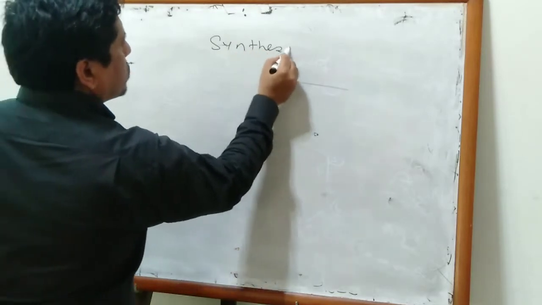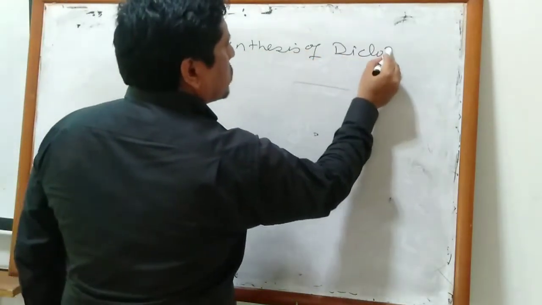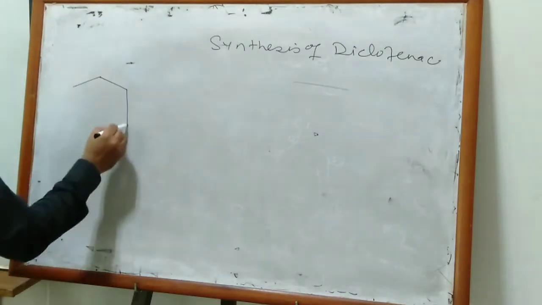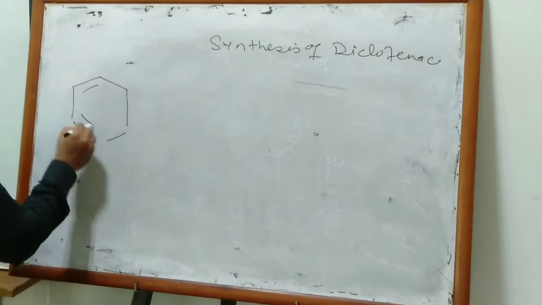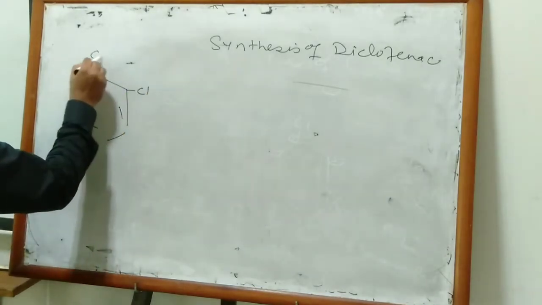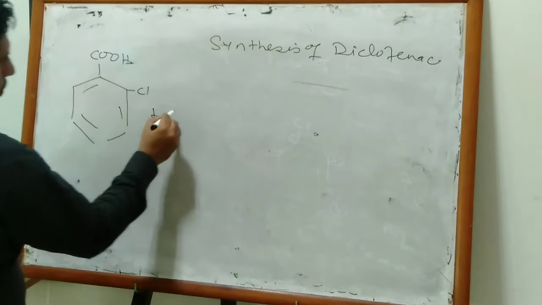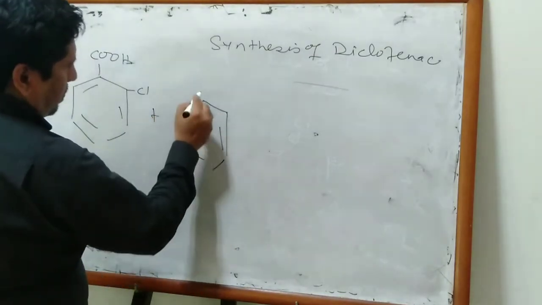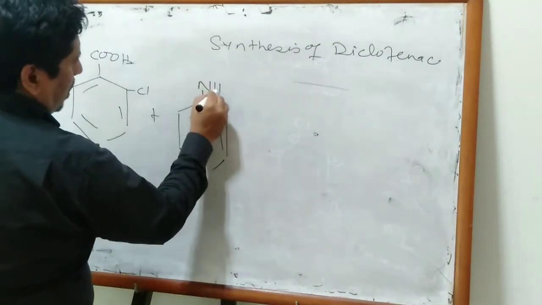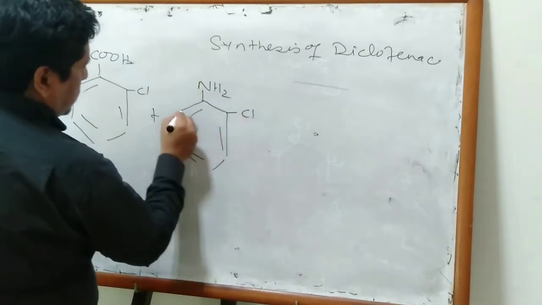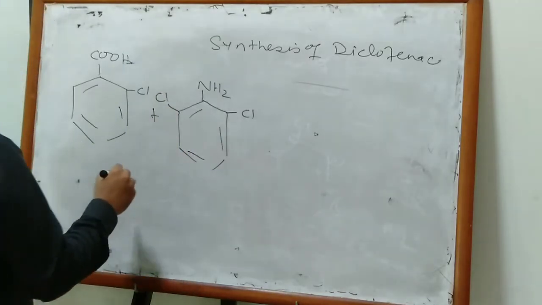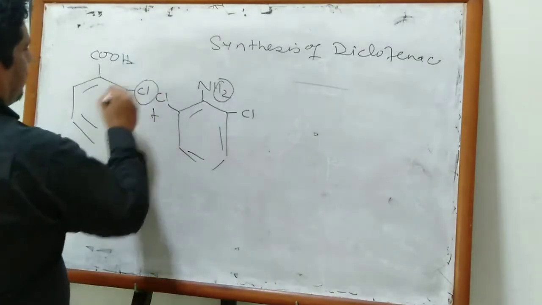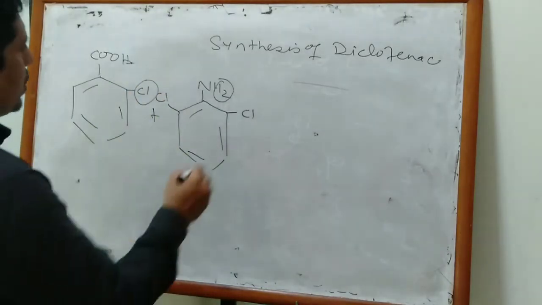Synthesis of diclofenac. When you react chlorobenzoic acid with 2,6-dichloroaniline, one of the protons will be removed from the amine group and Cl will be removed from chlorobenzoic acid.